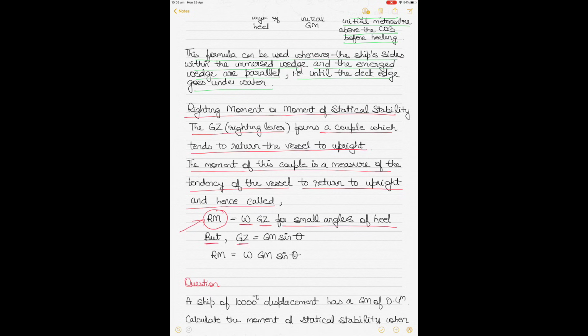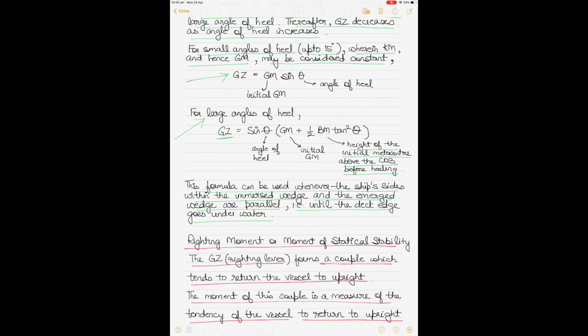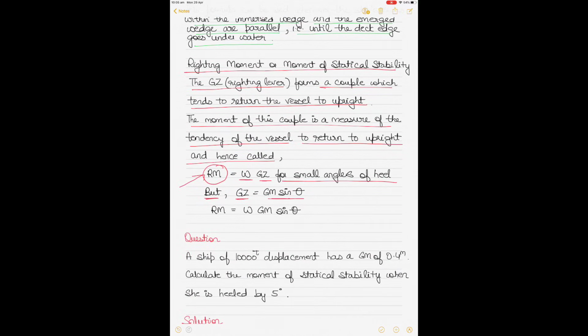But GZ equals GM sine theta, as you have seen above. Therefore, righting moment will become W into GM sine theta. So displacement by GZ, but GZ equals GM sine theta. Therefore, righting moment can also be written as displacement multiplied by GM sine theta, where theta is the angle of heel.